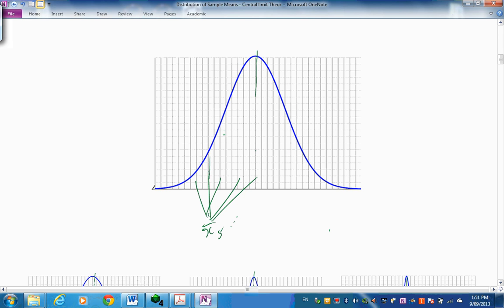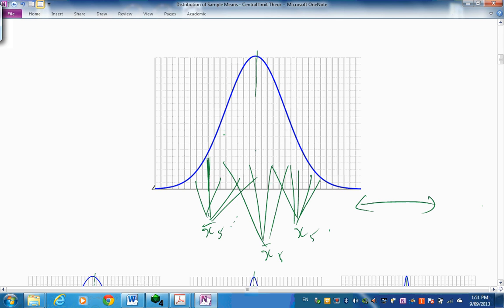So I could end up with an x bar over here, or they could be over here, or it could be exactly evenly spread, x bar 5. Okay, so I'm still going to get a fair bit of variation in my means.